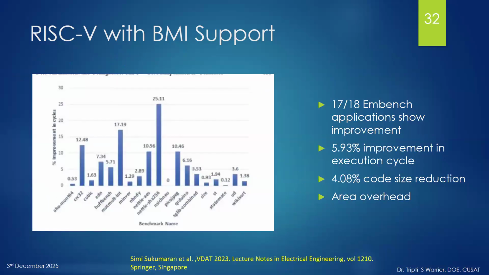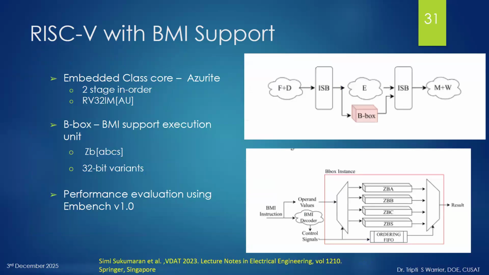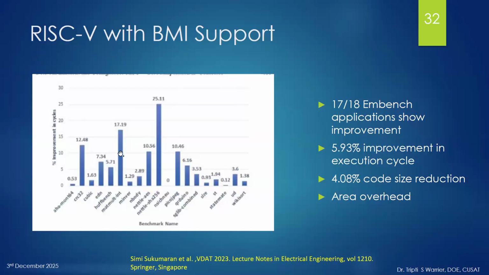In these experiments, there is a subclass of extension called ZBC, which is carry-less multiplication. We looked at the disassembly of all applications, and an instance of this carry-less multiplication was not coming anywhere, or the compiler was not able to identify C code which can be mapped to that.